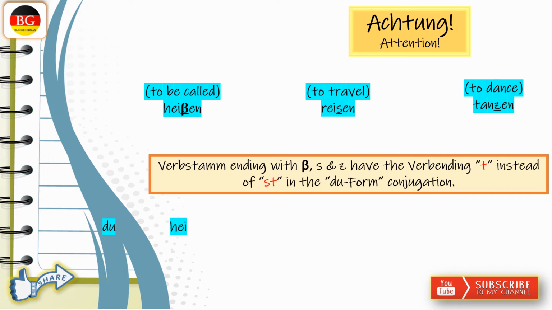So du heißt, du reist, du tanzt. Attention, one more time: verb stems ending with ß, s and z have the verb ending t instead of st in the du form conjugation.